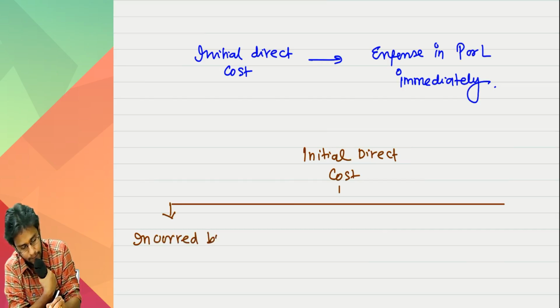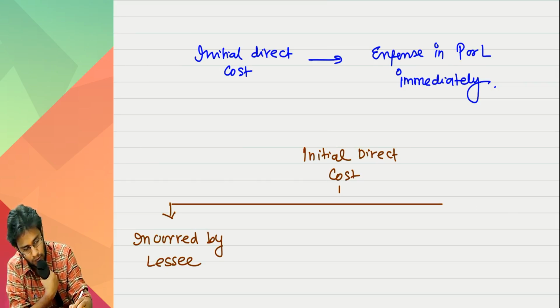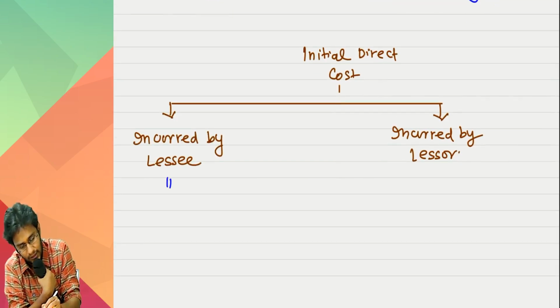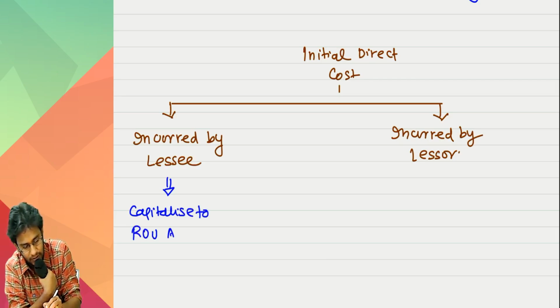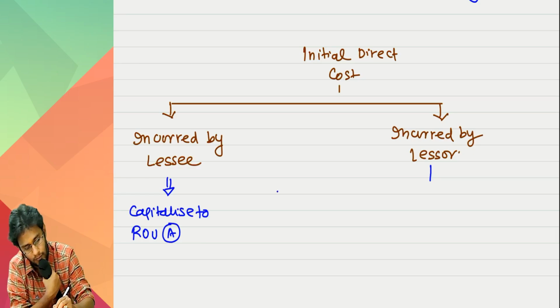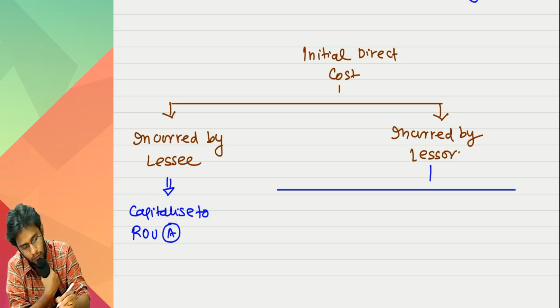Incurred by lessee, incurred by lessor. If it is incurred by lessee, you will capitalize it to the ROU asset as discussed earlier. If it is incurred by lessor, you will ask him, is it an operating lease?